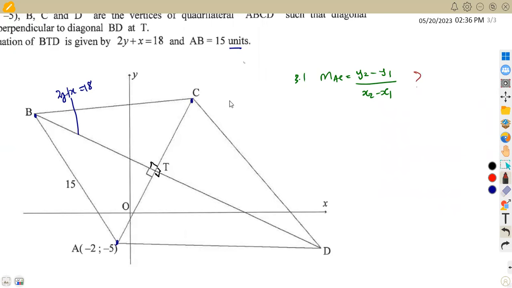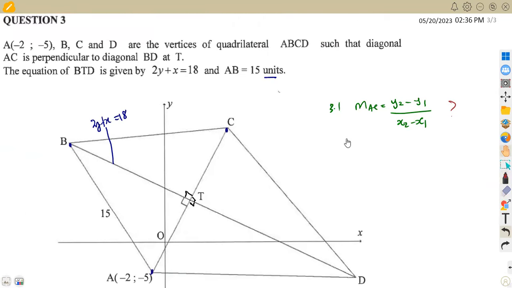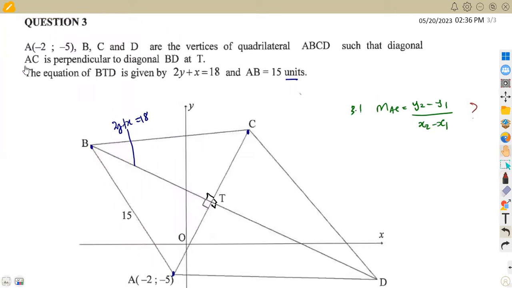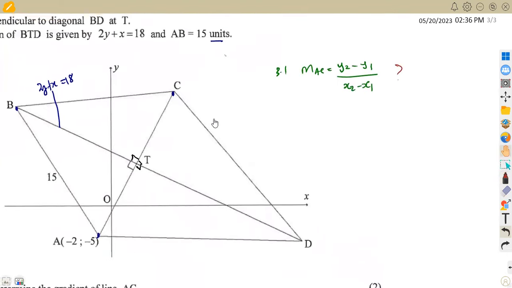So what can we do? Let's get back to this condition that we are given, that AC is perpendicular to BD. That is this part here. From A to C and from B to D, these two are perpendicular. So this can give us something. So let me just write this part.